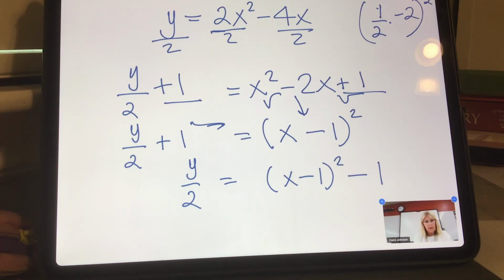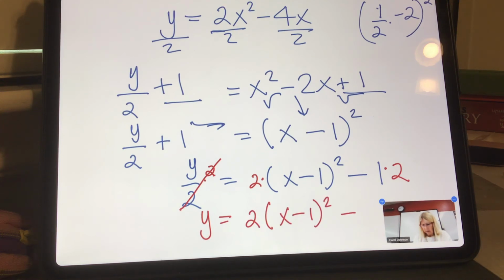And now you have to multiply everything by 2. Now here's where the problem's going to happen. When you multiply by 2, you have to do it to every single term. So I'm multiplying this by 2, I'm multiplying this by 2, and this is what you will forget. You're multiplying the 1 by 2. You're multiplying them all by 2, every single term on both sides. So what happens here, it cancels. You get y equals 2 times x minus 1 squared minus 2.